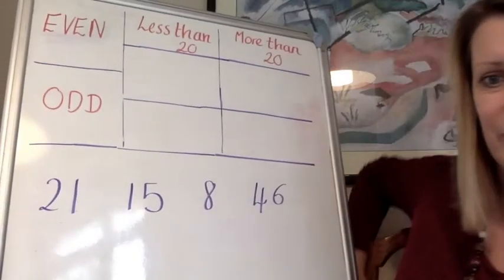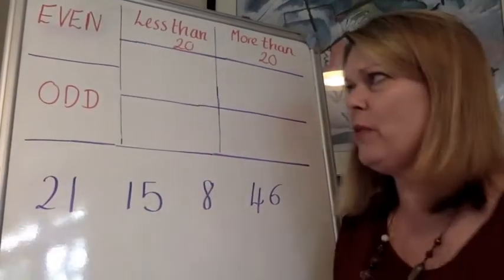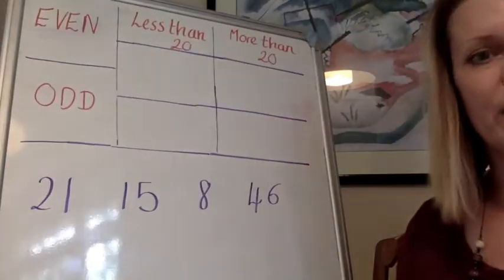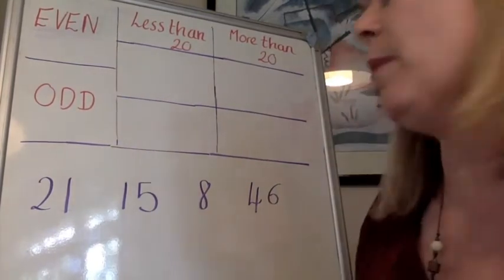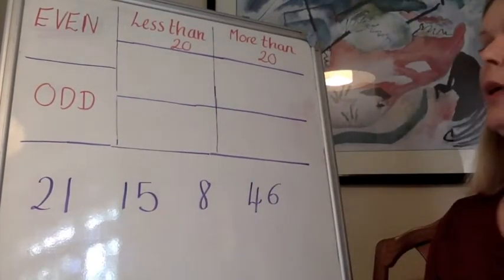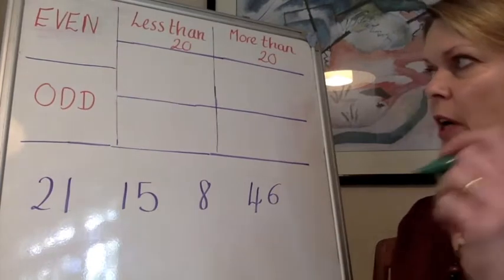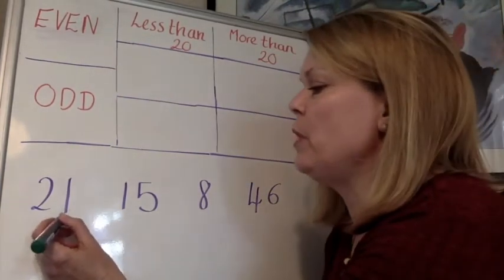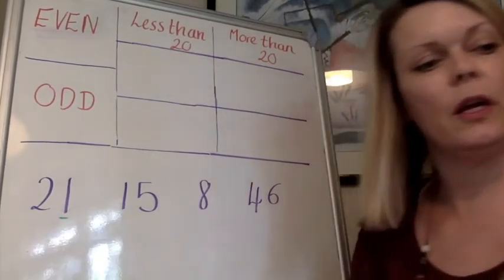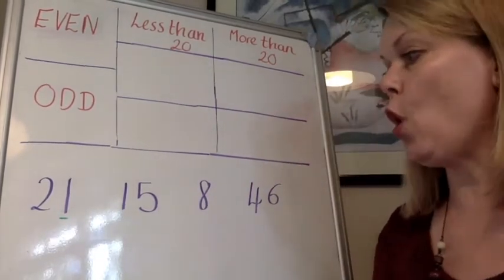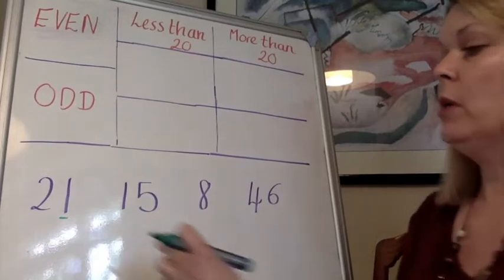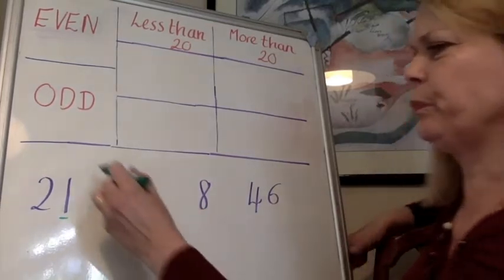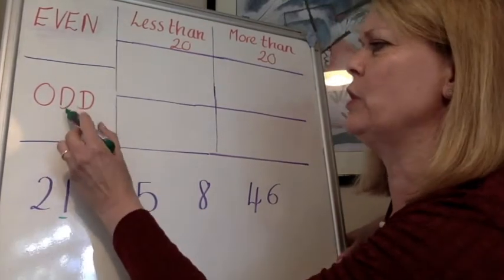Here we go again. So if we look at the first number, 21, I'm going to change my colour pen now to help you. Okay, the first thing we have to look at with 21 is the units. So we know that 1 is an odd number. So we know that 21 is an odd number.